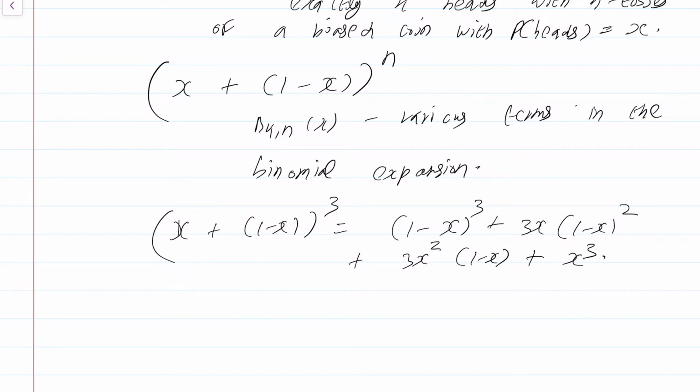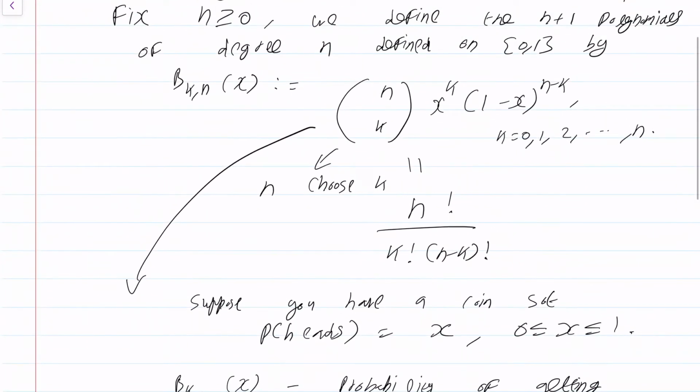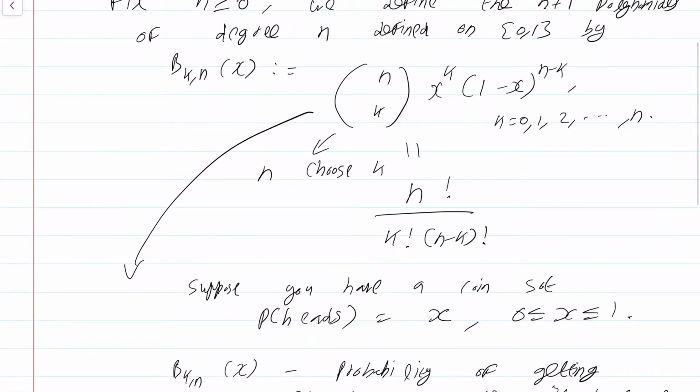Okay, so just look at what b_k^n(x) is going to be here. We have b_0^3(x) will be n choose 0 times x^0 times (1 minus x)^(n minus 0), so 3 minus 0. Okay, so 3 choose 0 is just 1, so you will just end up with (1 minus x) cubed, which is exactly what you have in the first term.